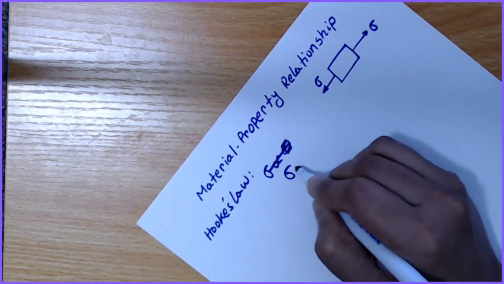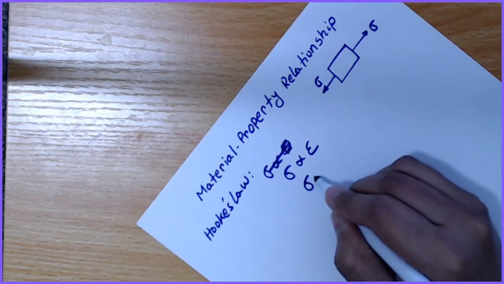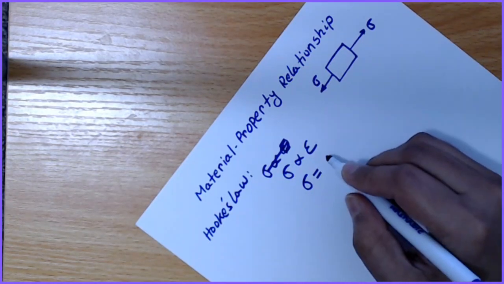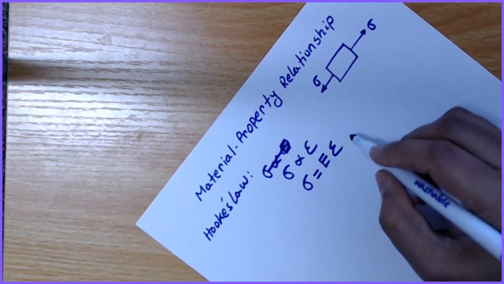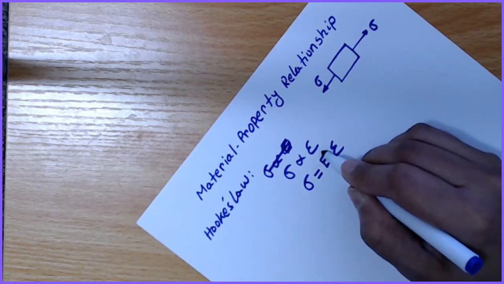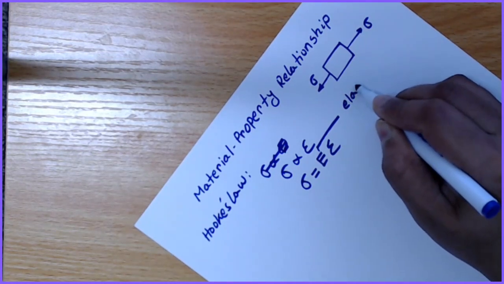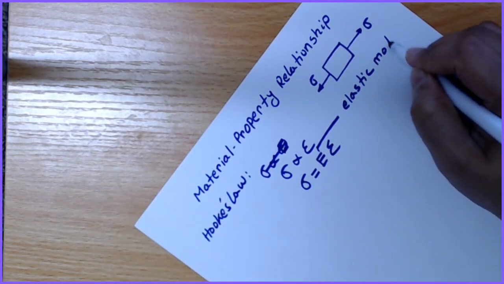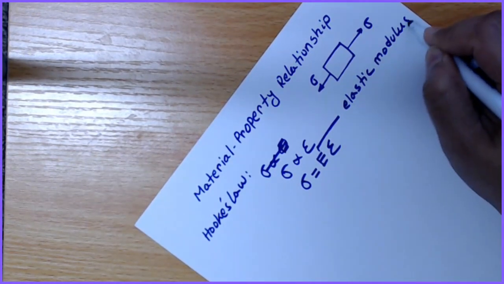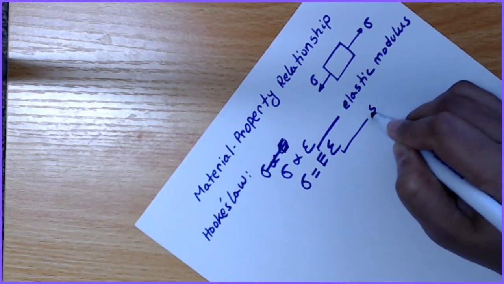If I use a proportional constant, this is sigma equals E epsilon, where E is my elastic modulus, and epsilon is strain.